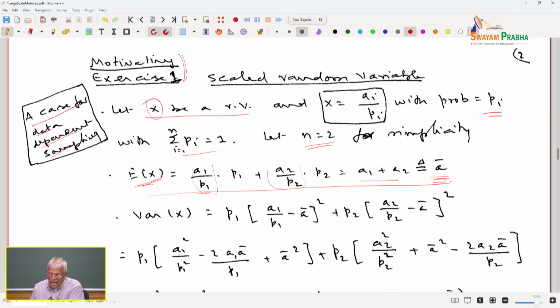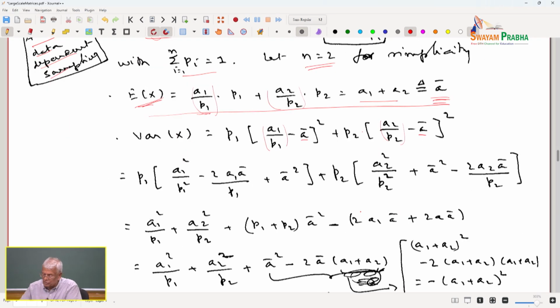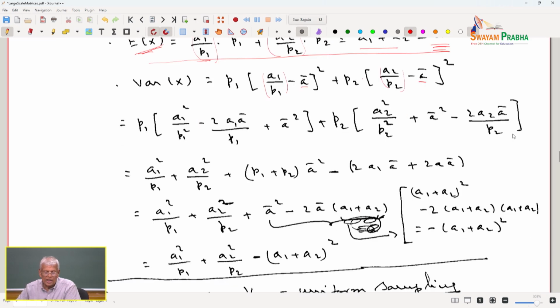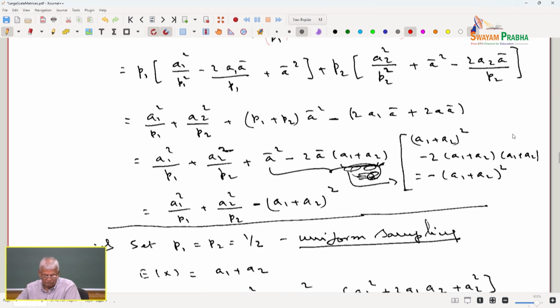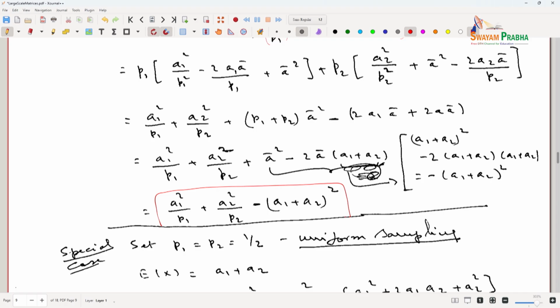And what is the variance of that? The sample value minus expected value squared times P1, plus the sample value minus expected value squared times P2. If you simplify and do the algebra, which I have given in greater detail, you expand, you collect the like terms, you come back and verify the variance of the scaled value of x. Please understand, originally x took the value of A1, A2 with a probability P1, P2.